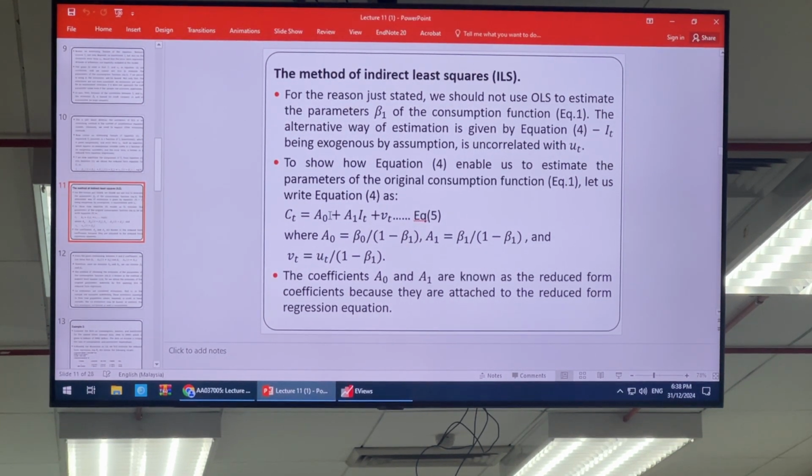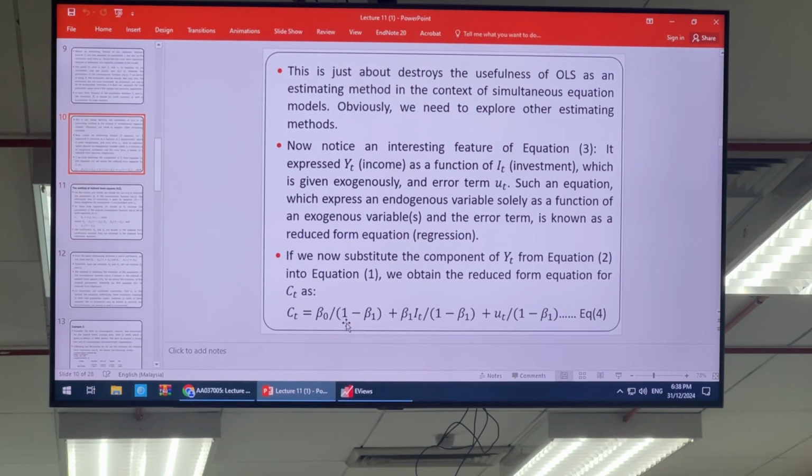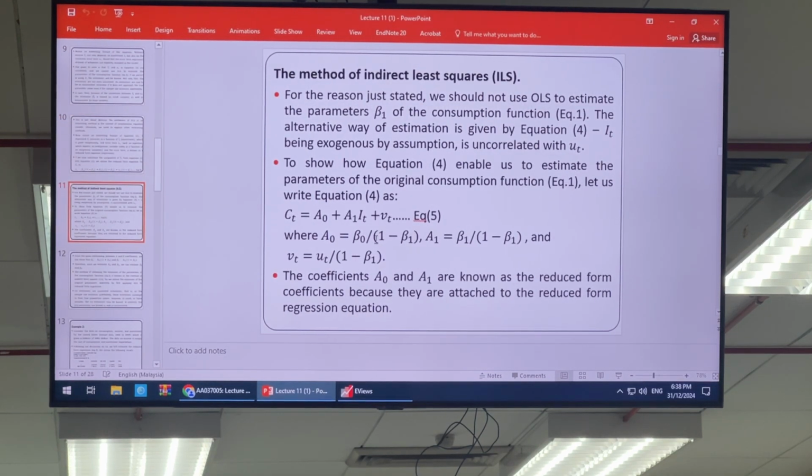Okay, and then we know that A0 equals this, A1 equals beta 1 over 1 minus beta 1, which is given by this now. This one is from the reduced form equation. So A0 equals this, A1 equals this.